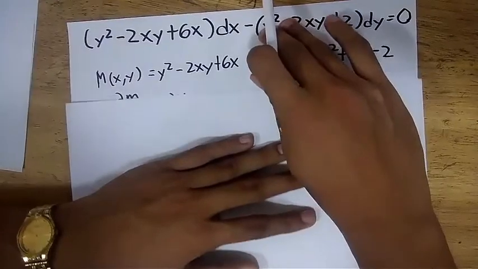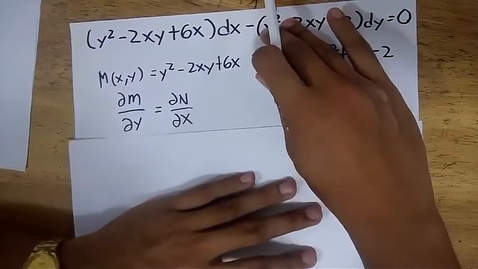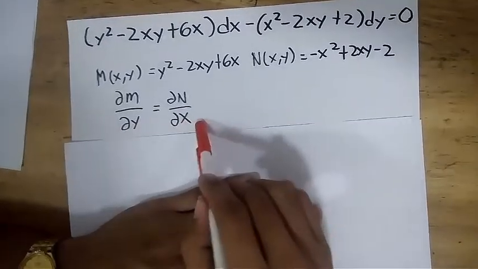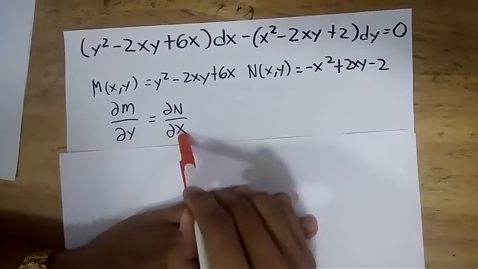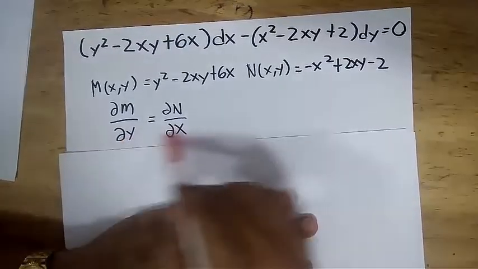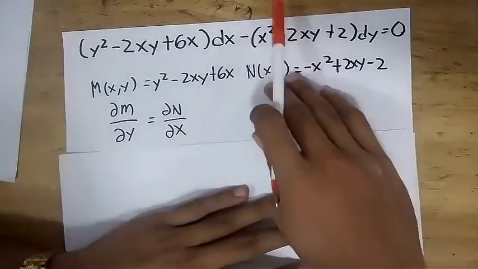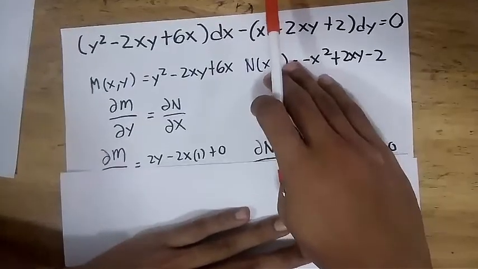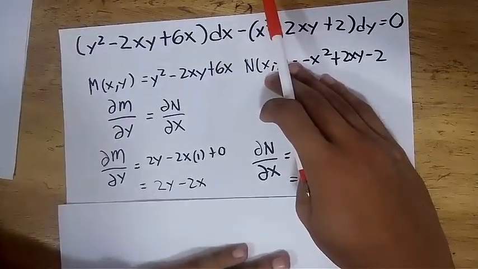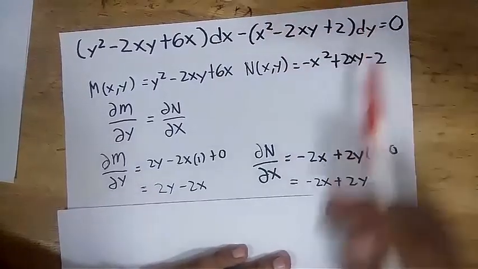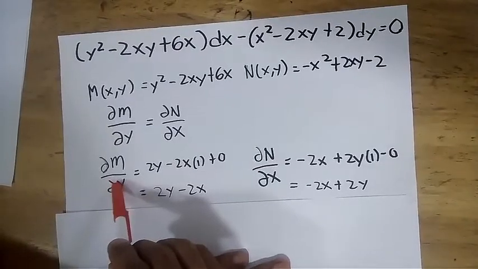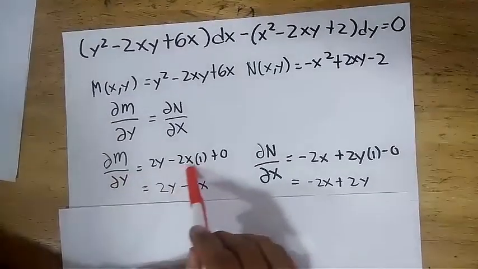Let us remember that to find if it is an exact differential equation, the partial derivative of M must be equal to the partial derivative of N. So let's find the partial derivative of M. It is equal to 2y minus 2x plus 0, or 2y minus 2x.